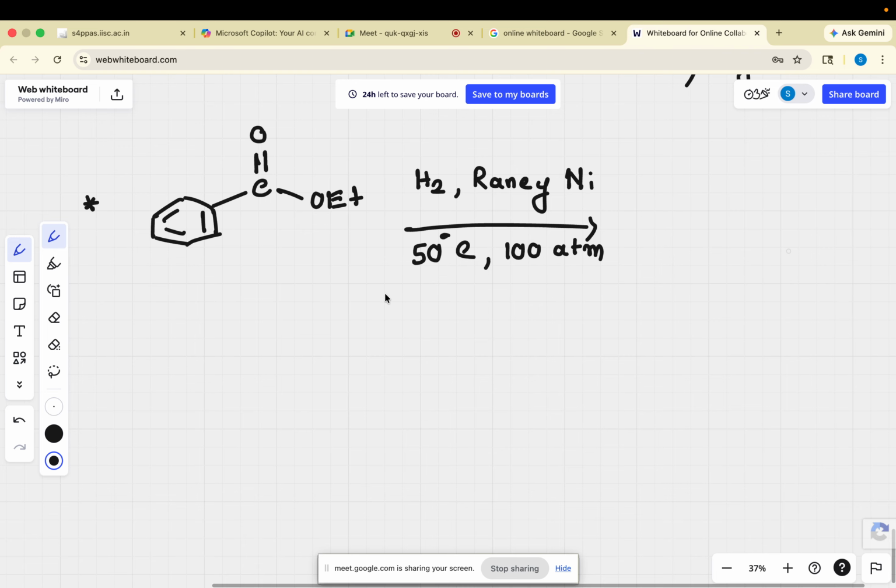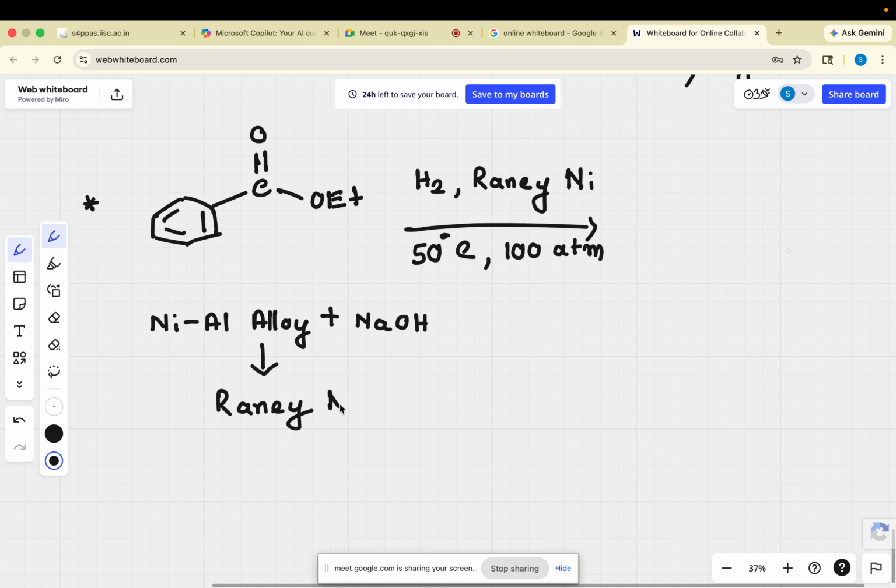First of all, see what Raney nickel is. Write down, suppose you have a nickel aluminum alloy. Do you know what an alloy is? Alloy means a mixture of metals in different compositions. If you take a nickel aluminum alloy and treat this mixture with NaOH, a base, then you get Raney nickel.